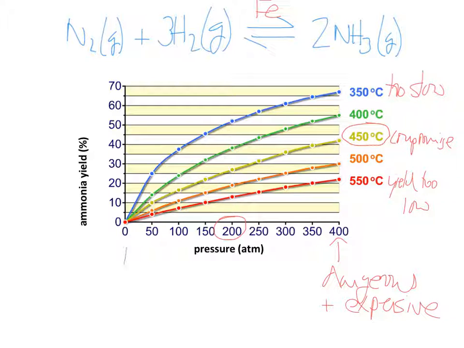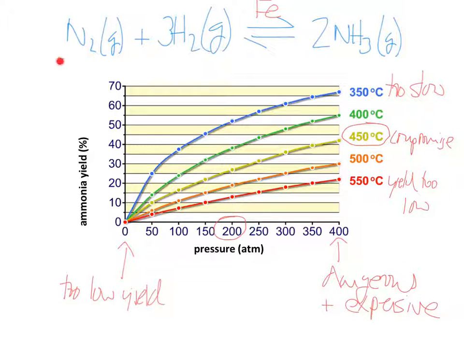We don't use a lower pressure because look at what that does to the yield. Okay, if we drop the pressure down, it drops the yield. So too low yield. And you would expect that to happen. If you remember back to your Le Chatelier's principle, if you lower the pressure, the equilibrium position shifts to the side of the reaction with more gaseous molecules.